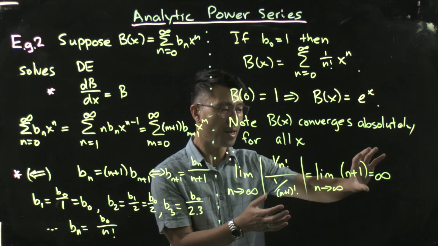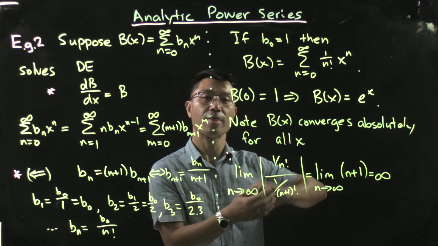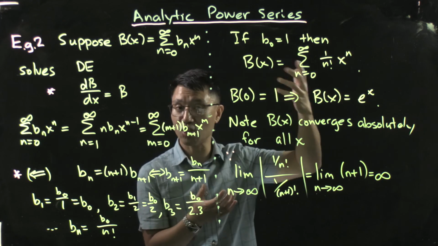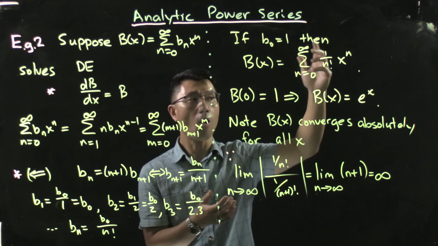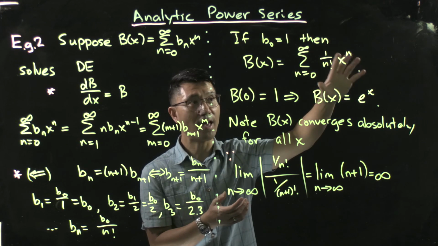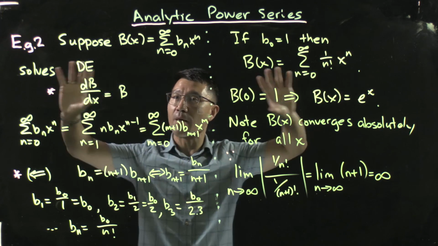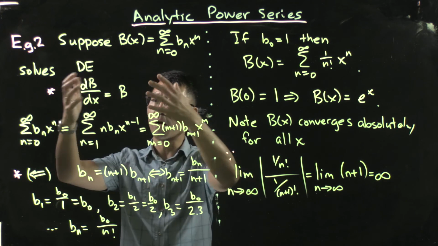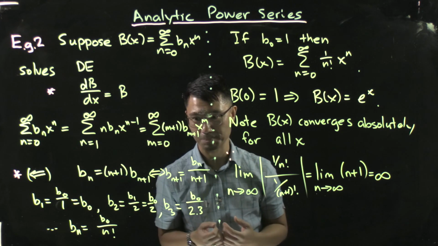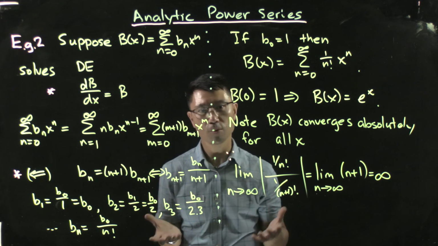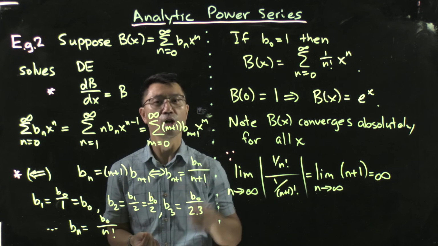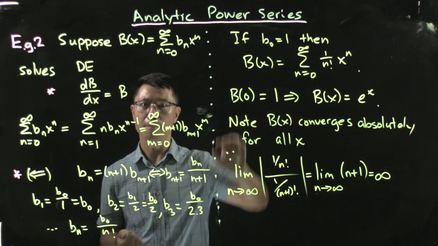What does that mean? It means that this power series actually converges for all real values of x. And this is the power series method of trying to solve this differential equation. So I hope from these two examples and from the proposition I gave you, you can also now manipulate power series.